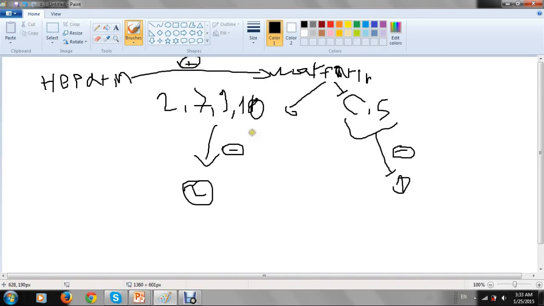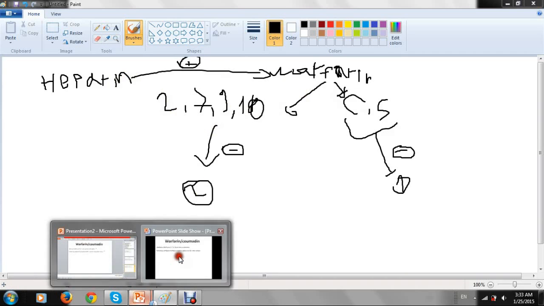Then we can taper off heparin, stop giving it, and only give warfarin, which has long-term action. But first, to avoid the initial protein C and protein S inhibition, we combine it with heparin. Then after it starts shutting off factors 2, 7, 9, and 10, we can stop giving heparin and rely on warfarin. So let's go to the slide.